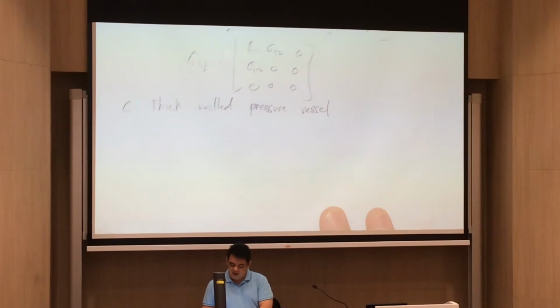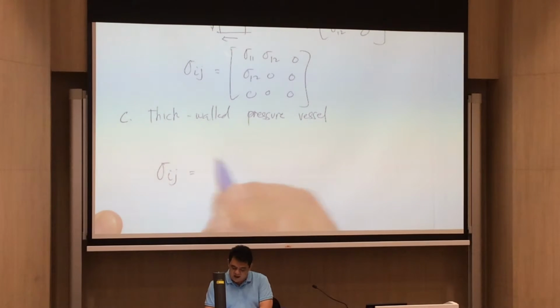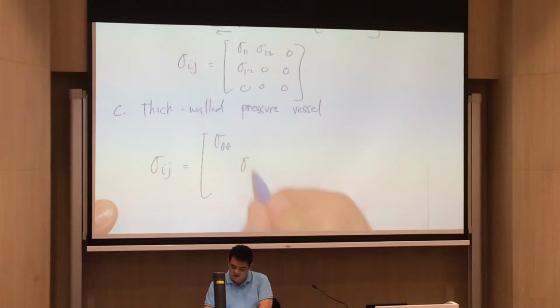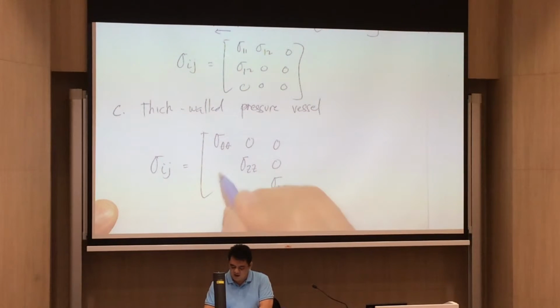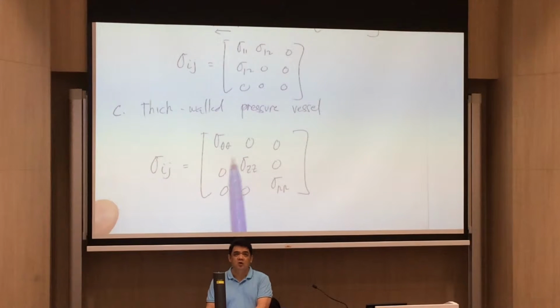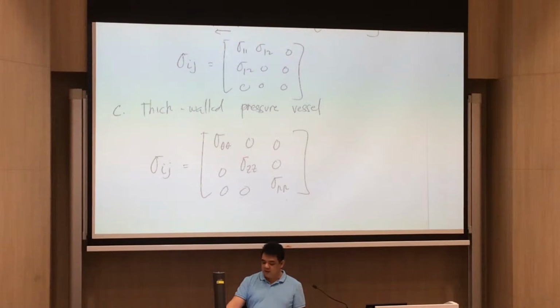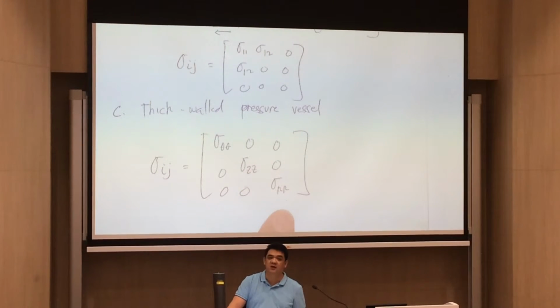You have sigma theta theta, which is the largest, your sigma ZZ, and your sigma RR. Hoop, longitudinal, radial. Radial meaning from inside going outwards, starting from the center of that cylinder or sphere. As you can see, this one is also sigma 1, 1, sigma 2, 2. Oh, sorry, first principal, second principal, third principal.